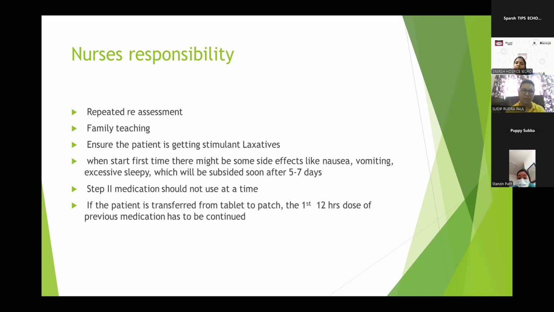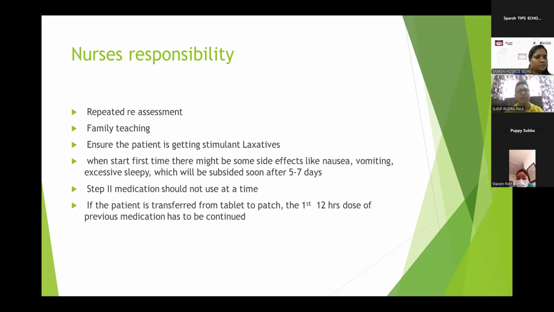So if I explain to those who have already left, of course the explanation will not be effective. In that situation, I have to understand the family dynamics, to whom I should explain, who is the actual caregiver of the patient, and explain to them only.